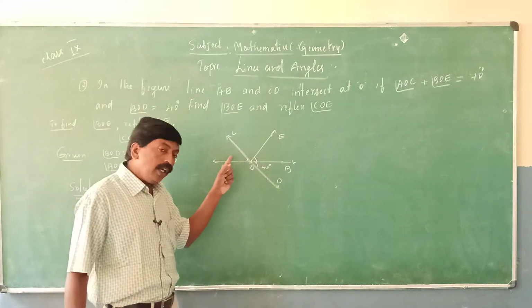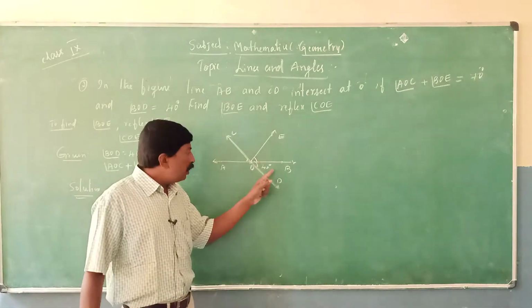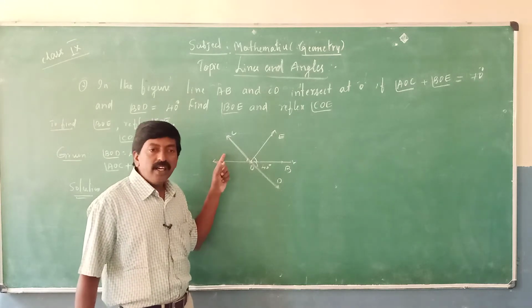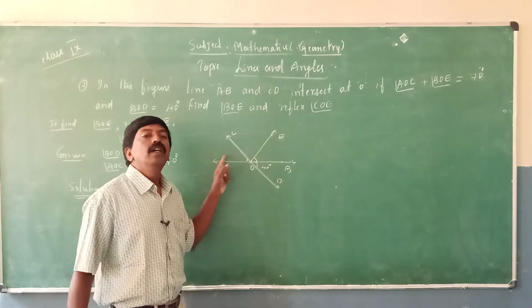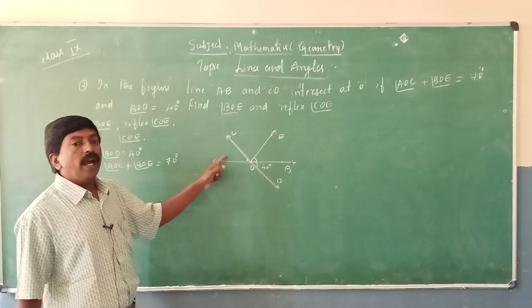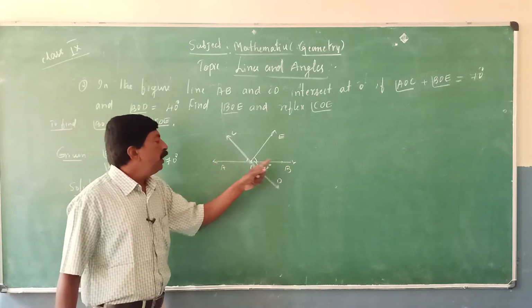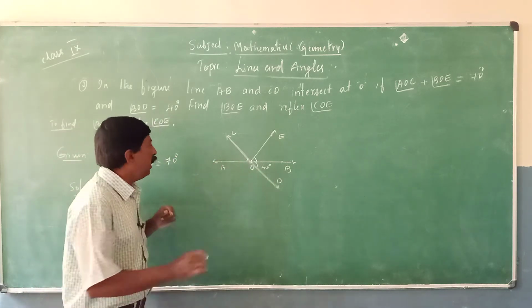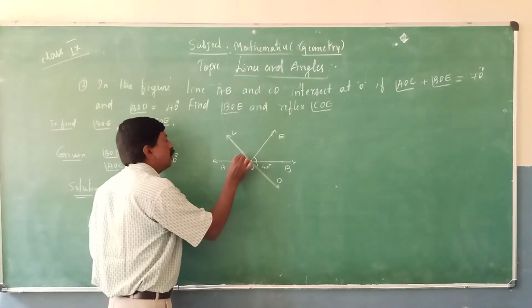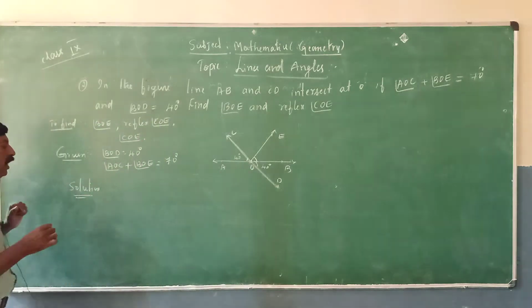Why are these two equal? What type of angles are these two? Yes, these two are vertically opposite angles. Therefore, BOD is 40 degrees, AOC is also 40 degrees.